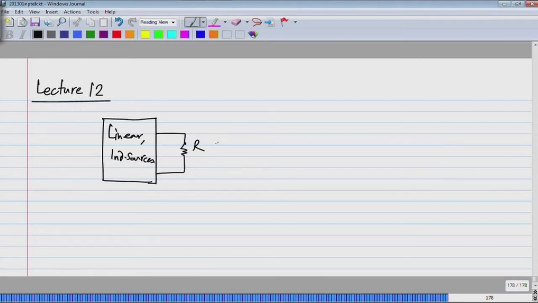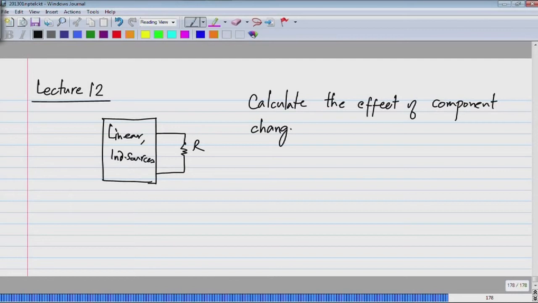Many times what we need to do is to calculate the effect of component changes. So let's say this R changes to R plus delta R.